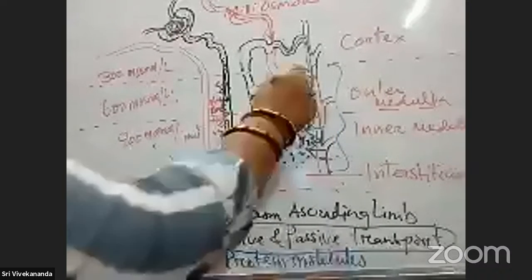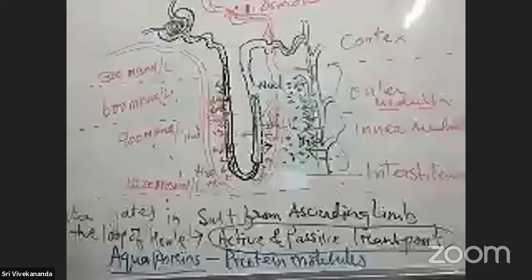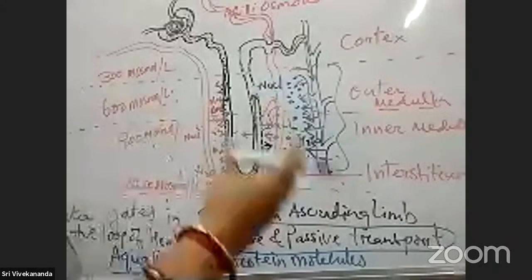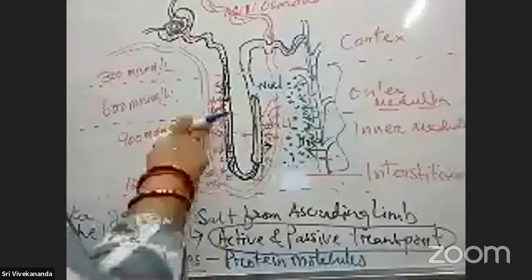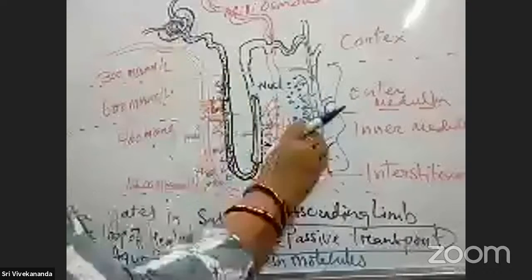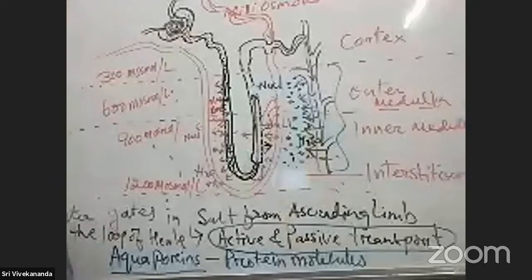Okay, so what is that solute which came out from the ascending tube? Which electrolyte came out? The sodium and chloride. Some will enter the vasa recta to help with water reabsorption from the descending limb, and some part will remain in the tissue near the collecting duct.